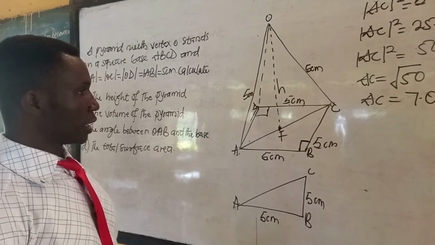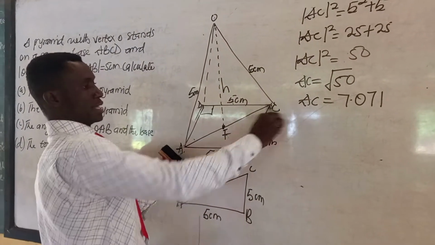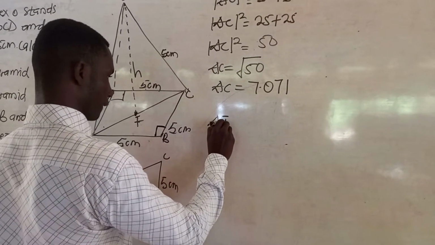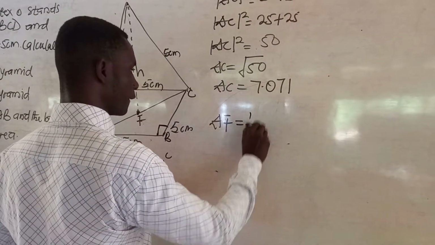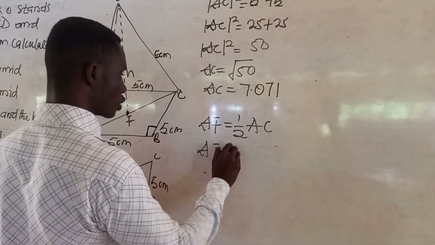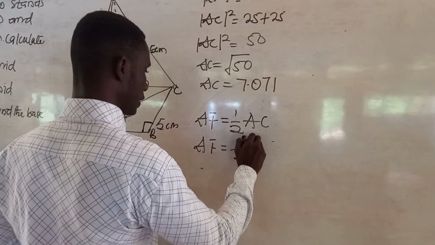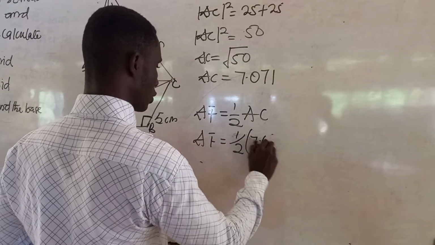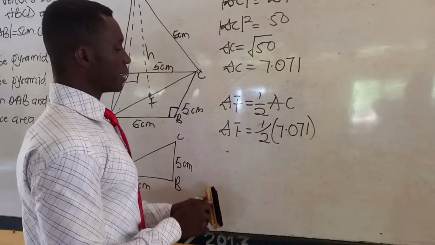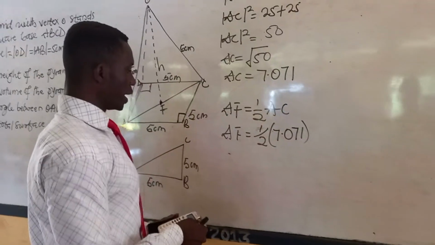Now, as I've indicated, AF is half of AC. So AF is equal to half AC. So AF is equal to 1/2 times 7.071, which means 7.071 divided by 2 will give you AF.